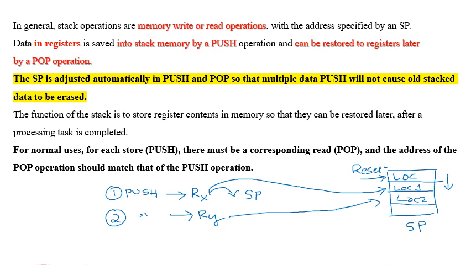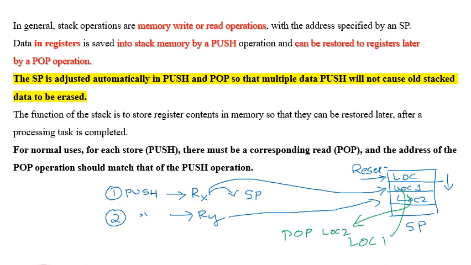Similarly, while taking out the data, first you should pop out the location 2 address, I am just writing location 2 in a simple way, then location 1. This is how the push and pop operations are executed in a simple way.